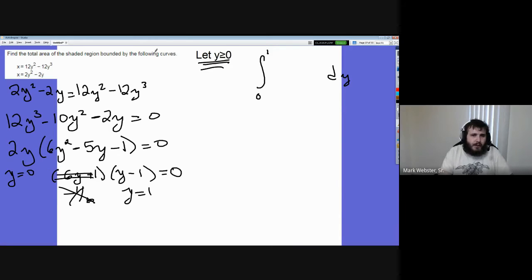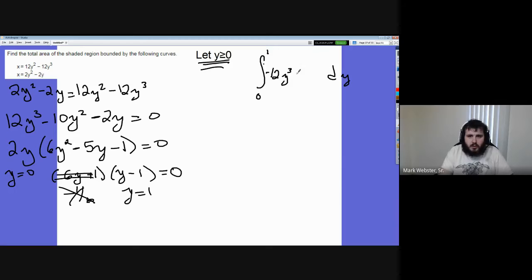So we're going to subtract these. And it doesn't matter which way we go. Negative 12. I'm going to put them in standard form. Going to subtract. So 12 minus 2.